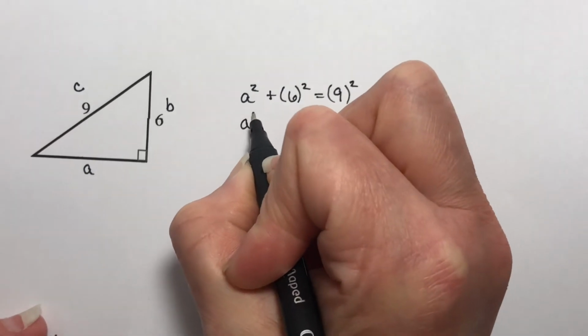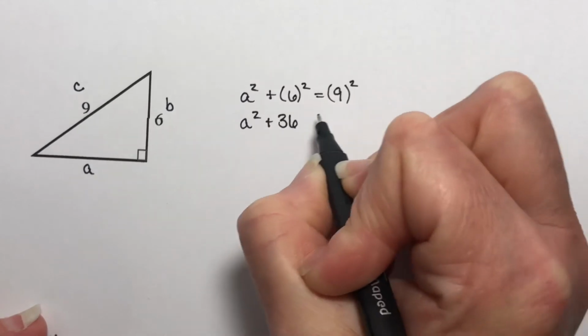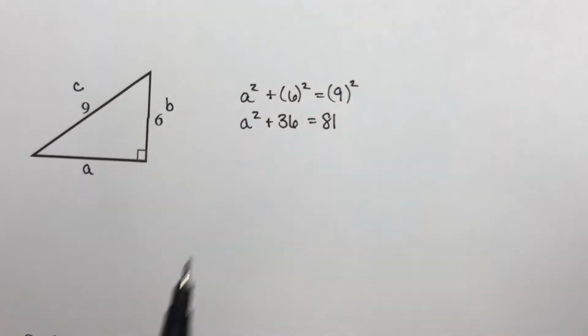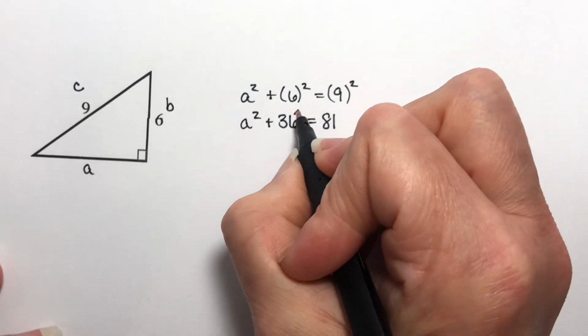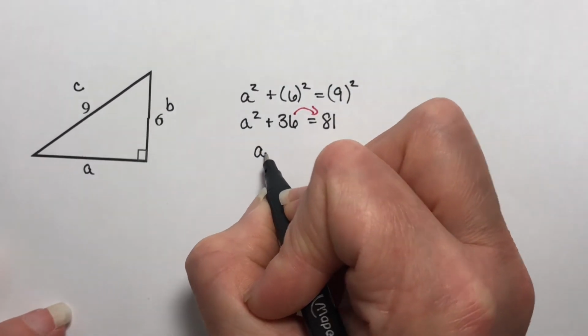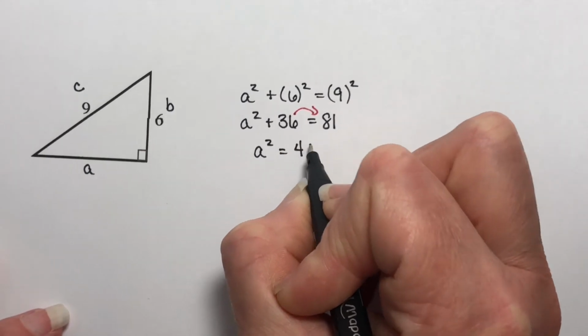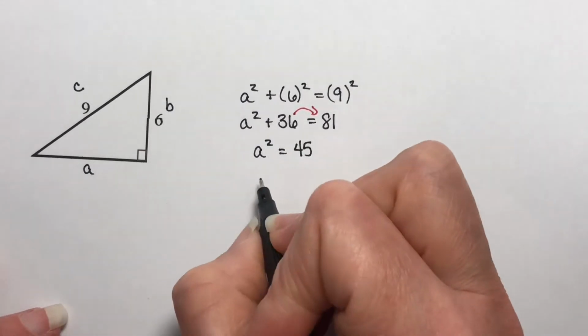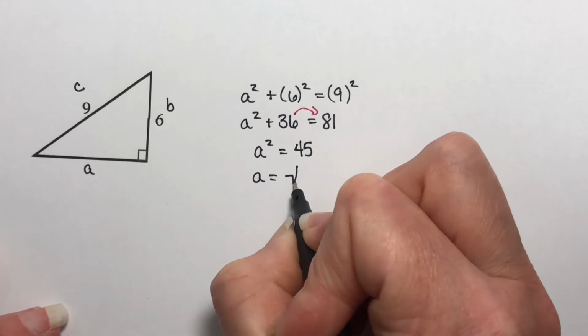I have A squared plus 36 is equal to 81. Now I subtract 36 from both sides, and I get A squared is equal to 45. So my A is equal to the square root of 45.